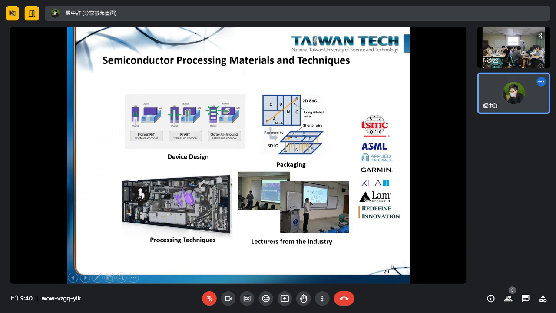Apart from device design, packaging is also quite important. What's packaging? In the semiconductor industry, we don't only consider the semiconductor. If you only have semiconductors, your laptop is of no use.